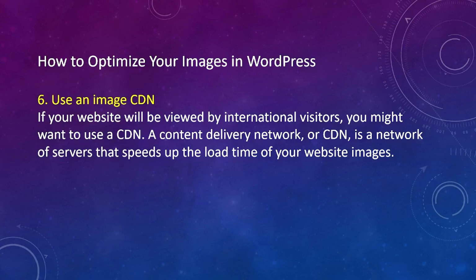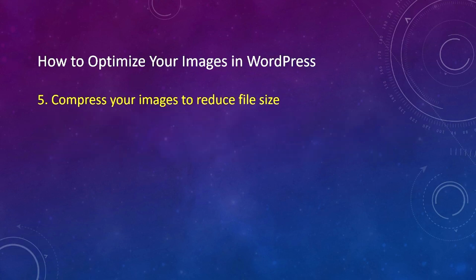So there's a number of free and paid tools you can use to compress your images. Okay, one is TinyPNG. And this is a free tool that uses lossy compression techniques to reduce the size of your WebP, JPEG, or PNG files. I'll leave a link in the description for these tools.